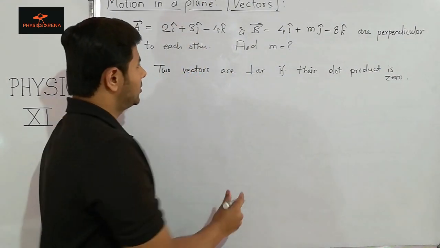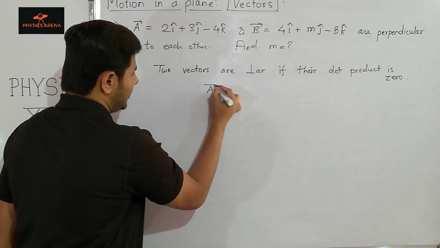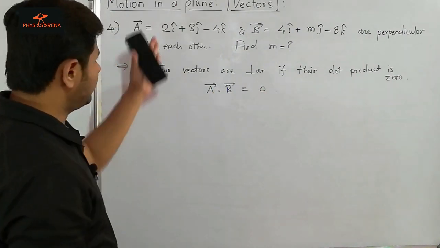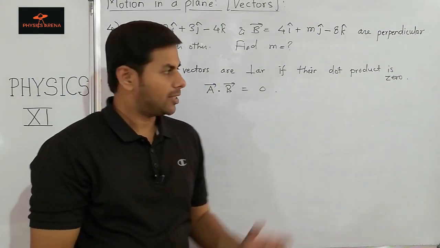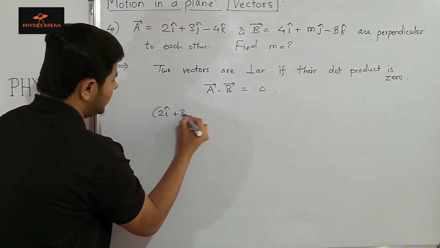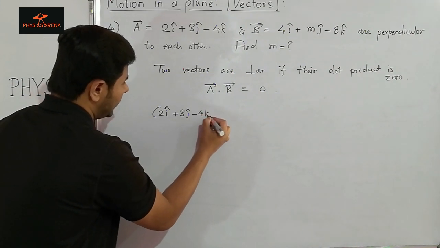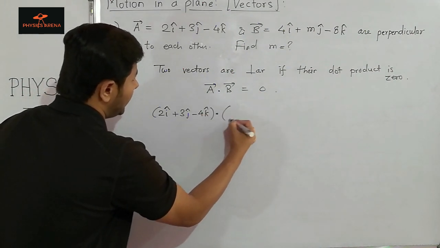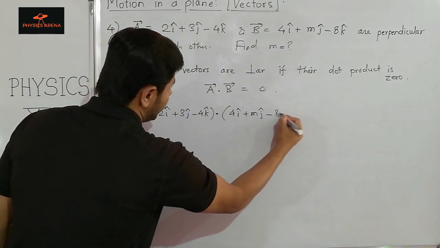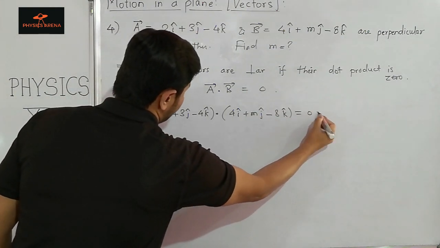So what I can write is a bar dot b bar is equal to 0. Let's substitute the values of a bar and b bar. So it is 2i plus 3j minus 4k multiplied by 4i plus mj minus 8k, and this should give me 0.